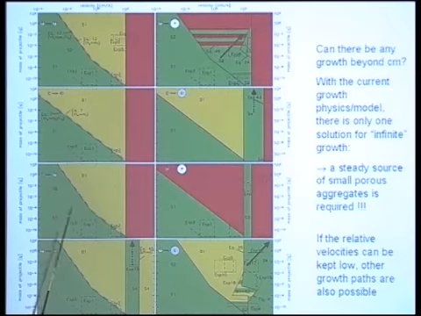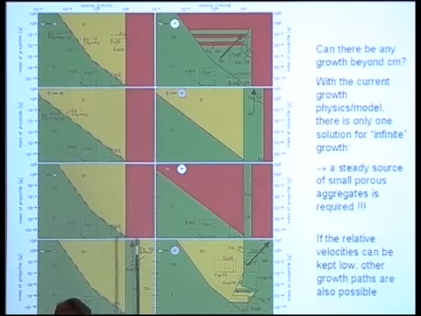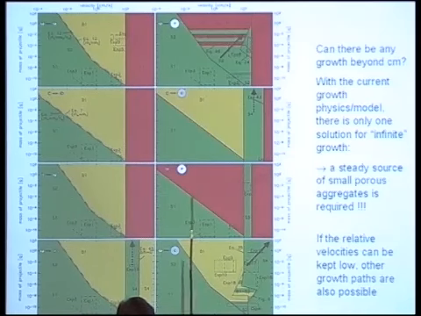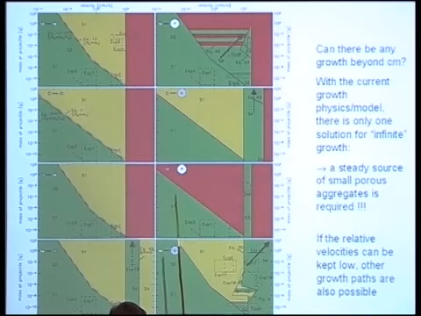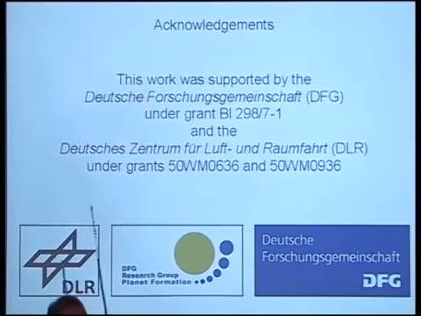So we need a source of small particles, or we need to reduce our model velocities, taking into account the cumulative motion of a layer of particles. That might end then in the increase of mass. But this needs to be seen in future calculations. Okay, that's my story. Thank you very much. I want you to acknowledge our sponsors here, shown with labels. And thank you for your patience with me.